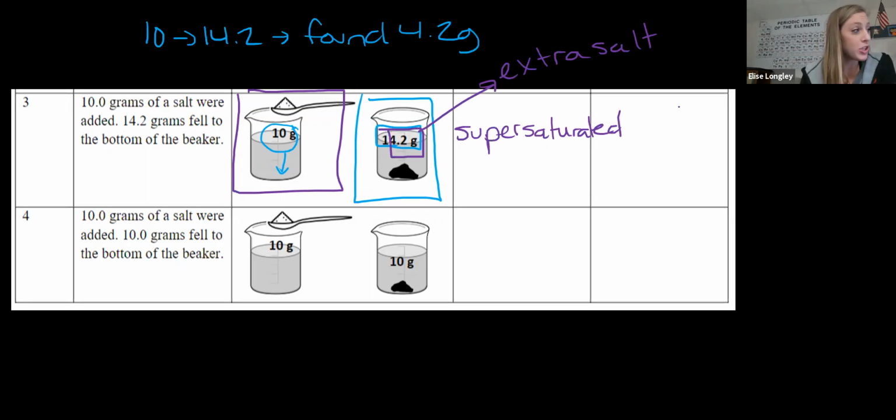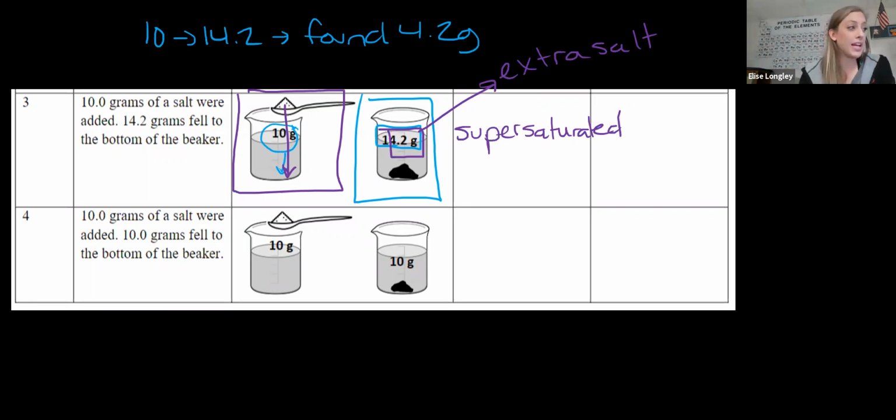So as soon as we put this salt through, all 10 grams fell to the bottom, but because it disturbed the unstable stuff, just like the rock candy, those crystals formed on those salt pieces that fell out. It hitched a ride with the crowd moving through the hotel, right? So all the extras peeled out and left the solution as the salt fell through.